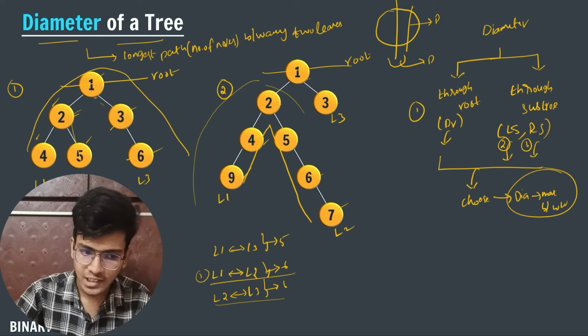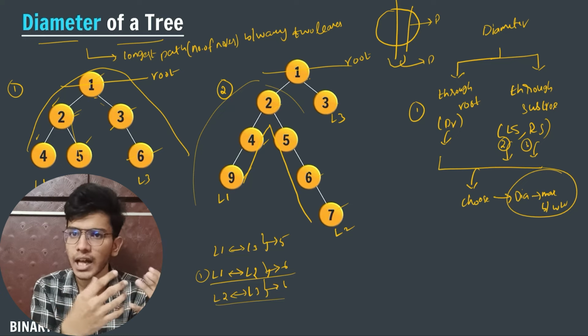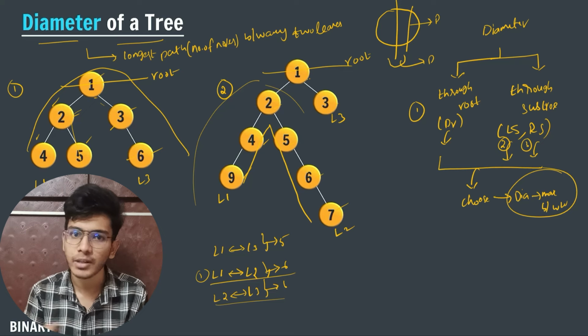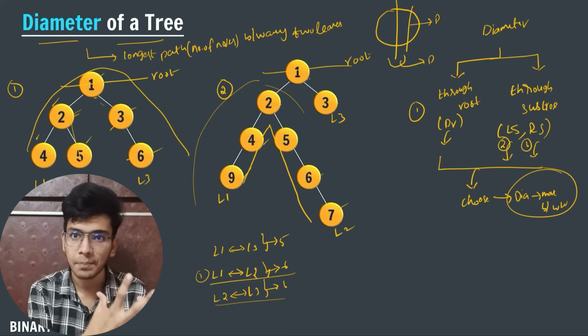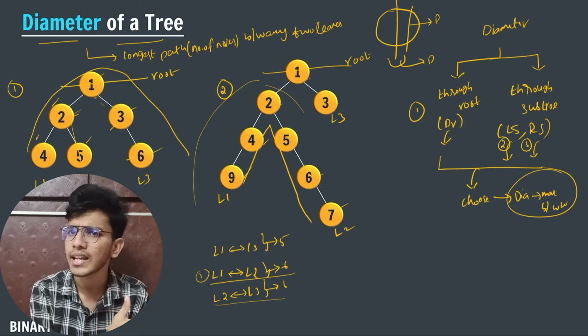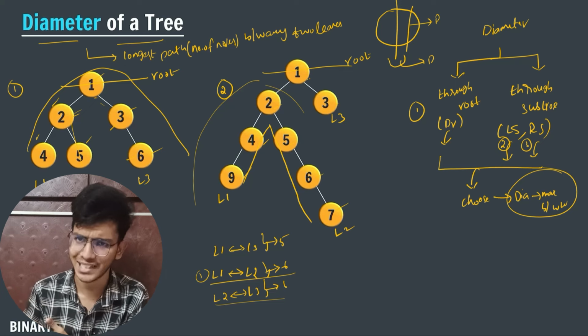From these two different diagrams, I have extracted two things: my longest path can come either from the root node, or from a subtree or subpart, and the subpart can be on the left side or on the right side.